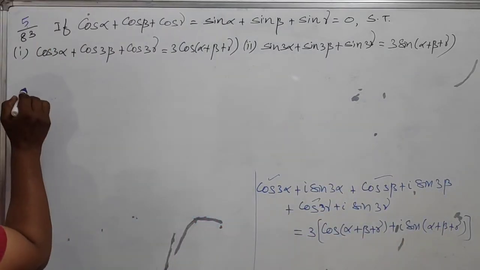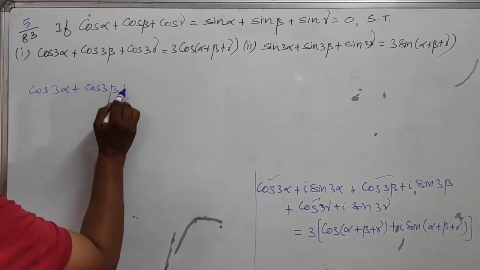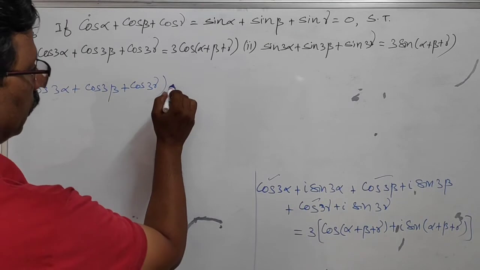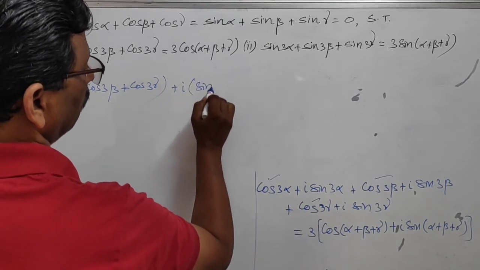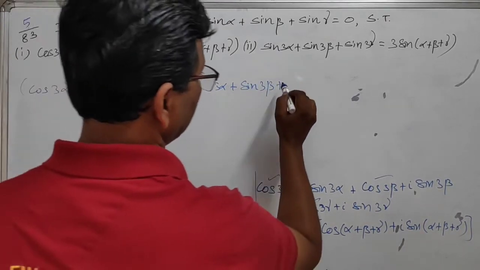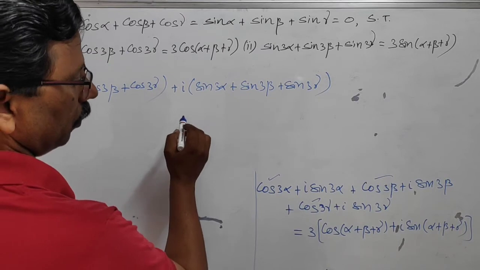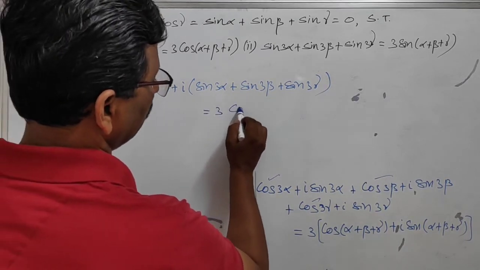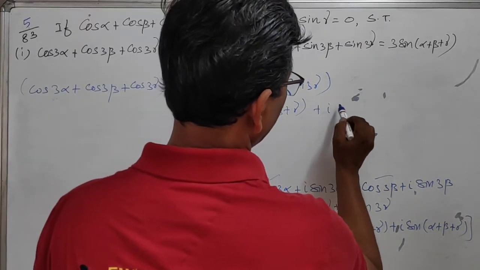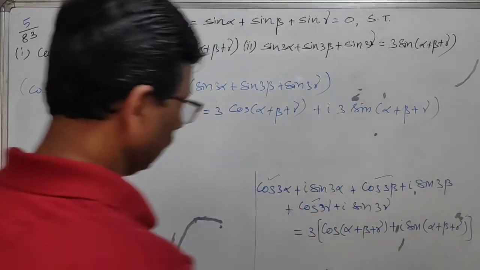Therefore you can write cos 3 alpha plus cos 3 beta plus cos 3 gamma, these are all real parts, plus i into sin 3 alpha plus sin 3 beta plus sin 3 gamma, is equal to 3 times cos of alpha plus beta plus gamma plus i into 3 times sin of alpha plus beta plus gamma.